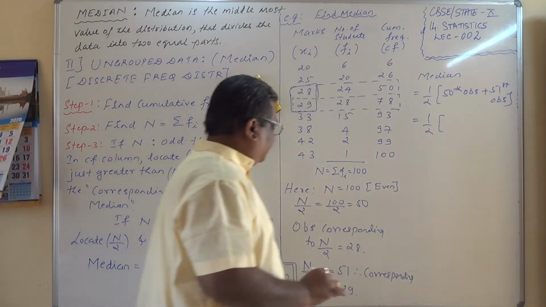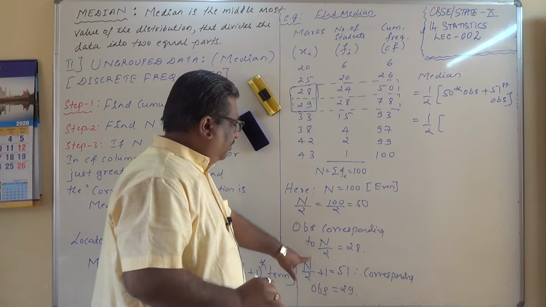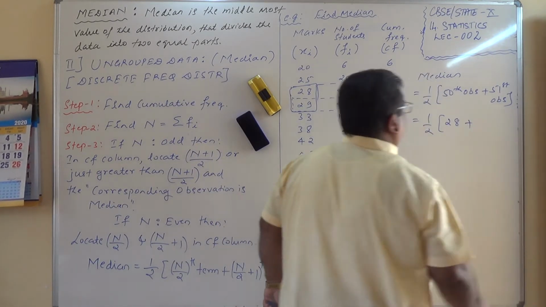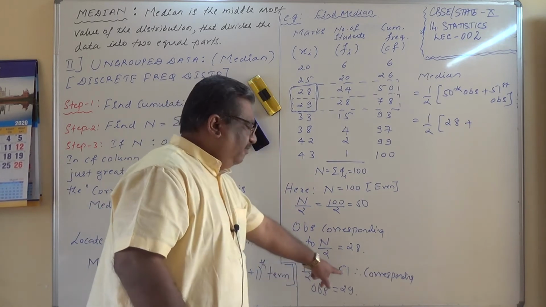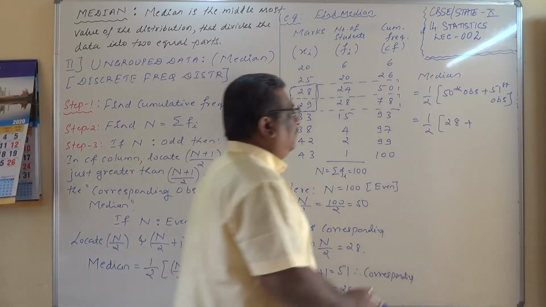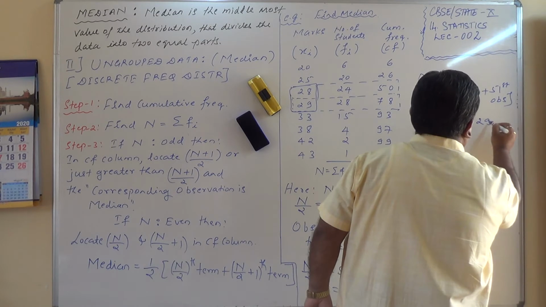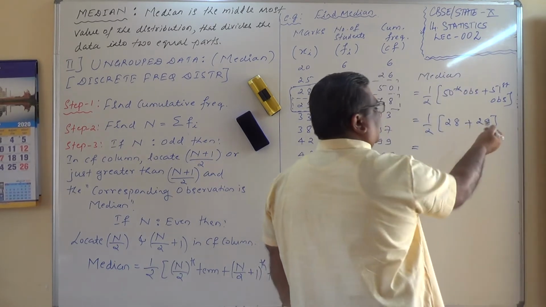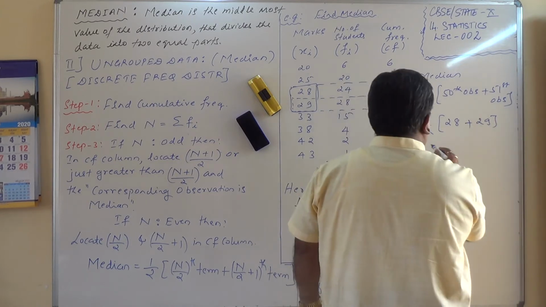The observation corresponding to 50 is 28, plus the observation corresponding to 51 is 29, which is equal to half of 28 plus 29, which is nothing but 28.5.